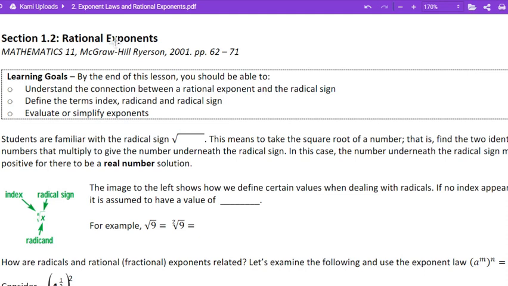By the end of today's lesson, the idea is that you would understand what an exponent with a fraction like 3 over 2 would mean. We've got some new terms coming in today.